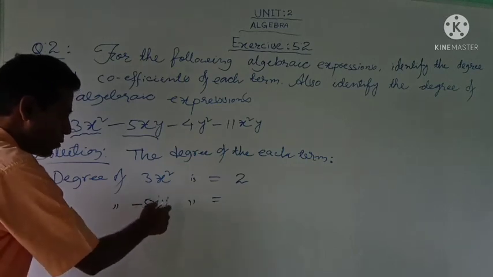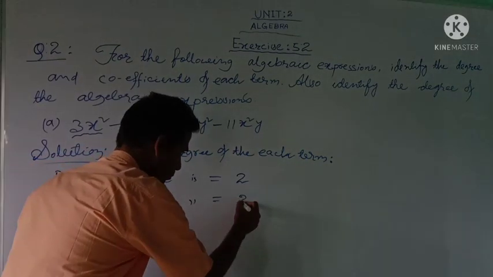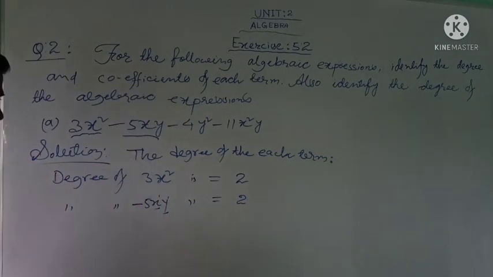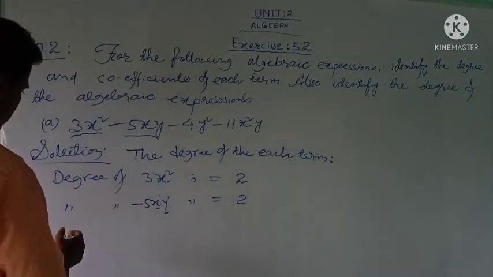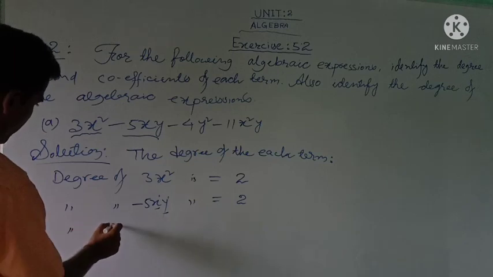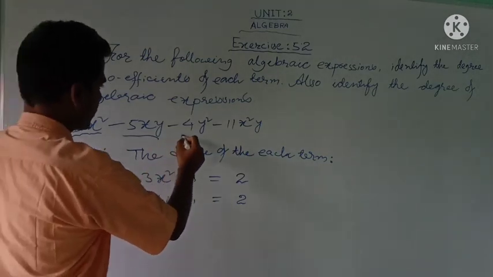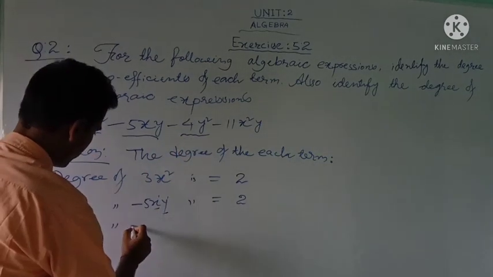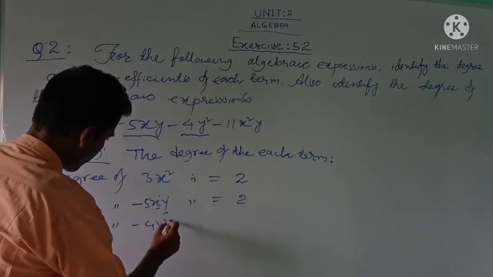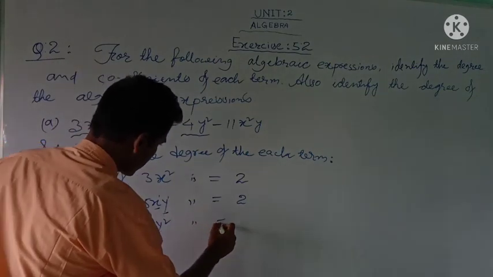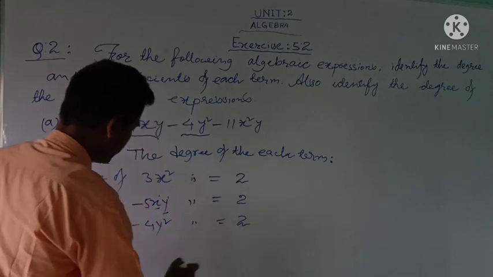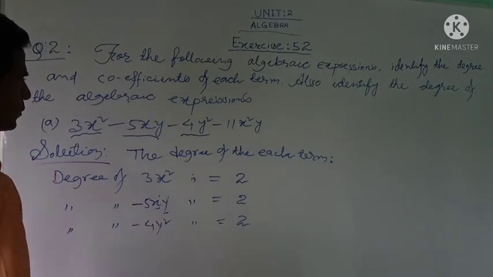So 1 plus 1, we got the degree here 2. Alright, okay, now next, degree of next term we got minus 4y square. So minus 4y square is also 2 because power of y is 2.